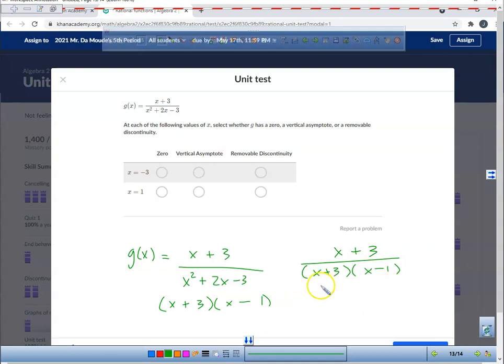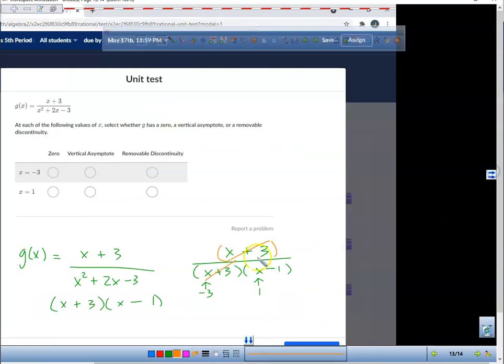So guys, what number makes that equal to 0? -3. What number makes this equal to 0? +1. But what happens? What gets canceled out? This x plus 3 cancels out that x plus 3. When factors get canceled out, what do we call that?